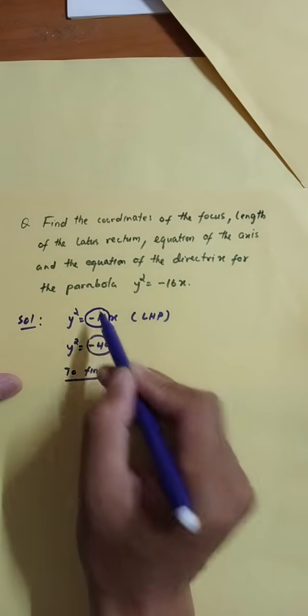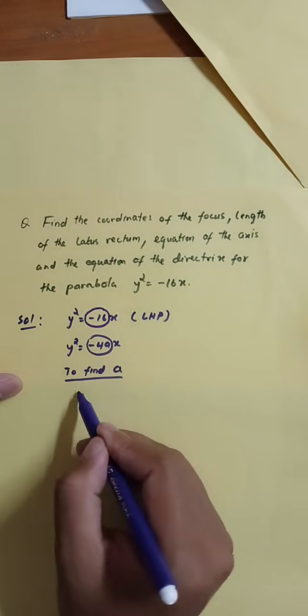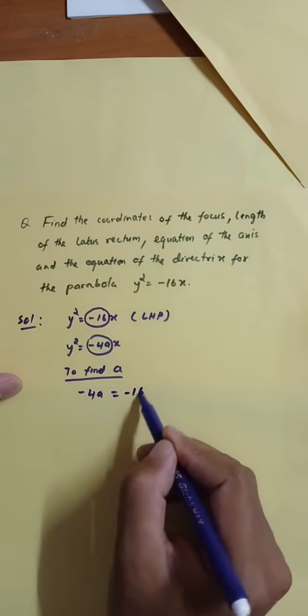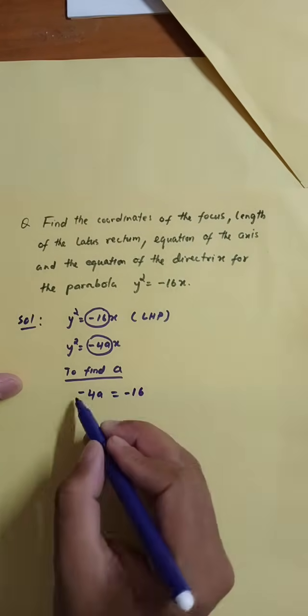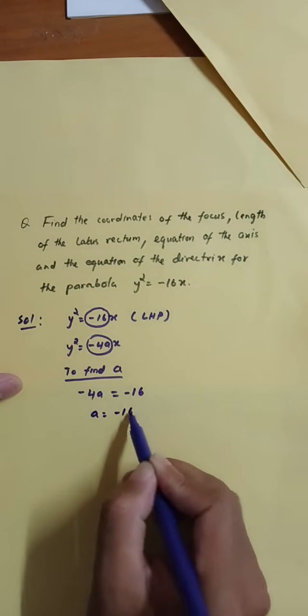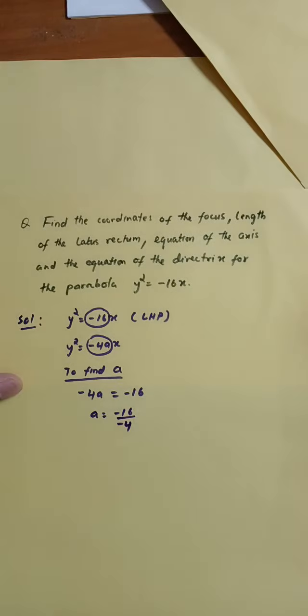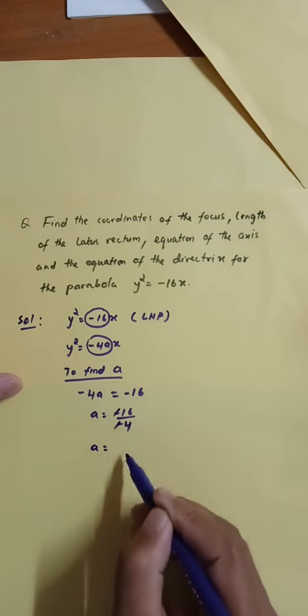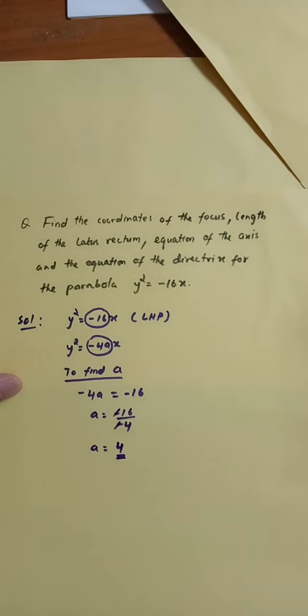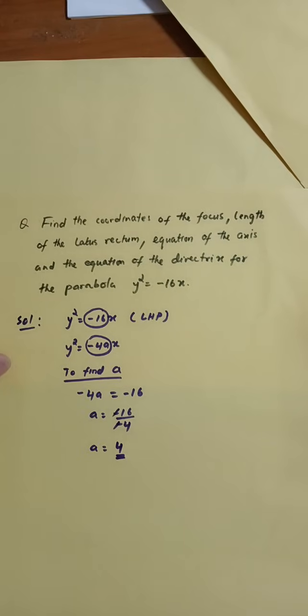So negative 4a is equal to negative 16, so a will be equal to negative 16 over negative 4. The negatives cancel, positive, so a will be equal to 16 divided by 4, which is 4. So the value of a is 4.